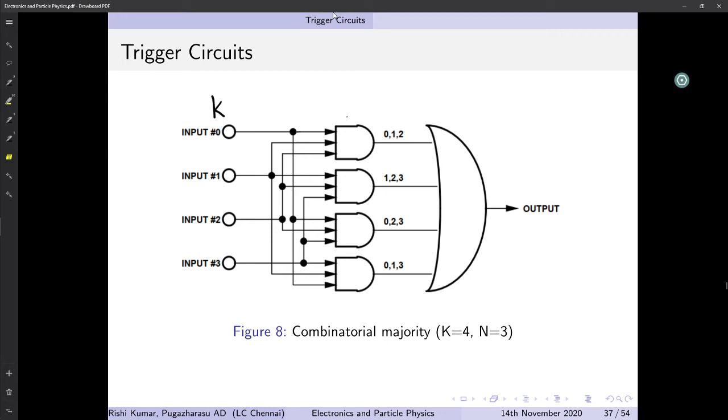Your output is true if it's greater than some n, some n sets of input. So here, in our case, we could say 3 because we've got a total of 4. Right? So you set some fixed n, and there are obviously two different ways you can make this, digital or analog.